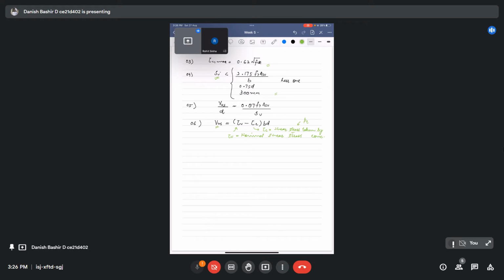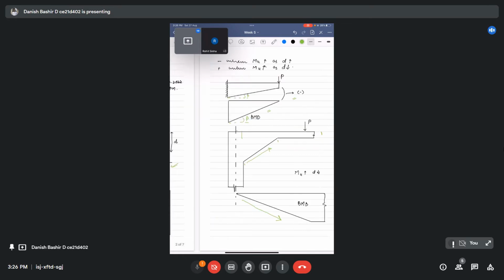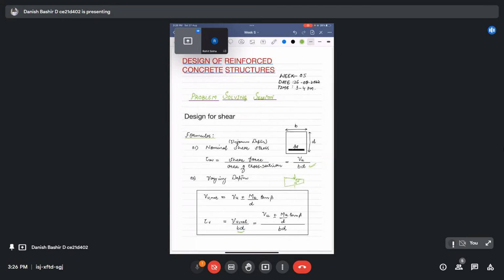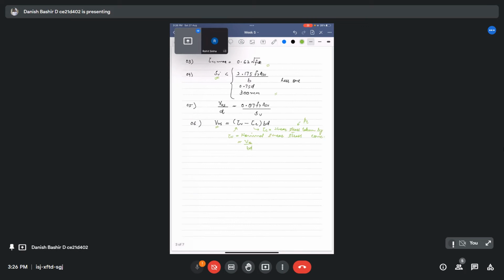And this nominal shear stress is just Vu by bd, that I already told you. Nominal shear stress coming on our section is called Vu by bd. These are some basic formulas that we will require in solving our numerical example on the design of the shear stirrup.